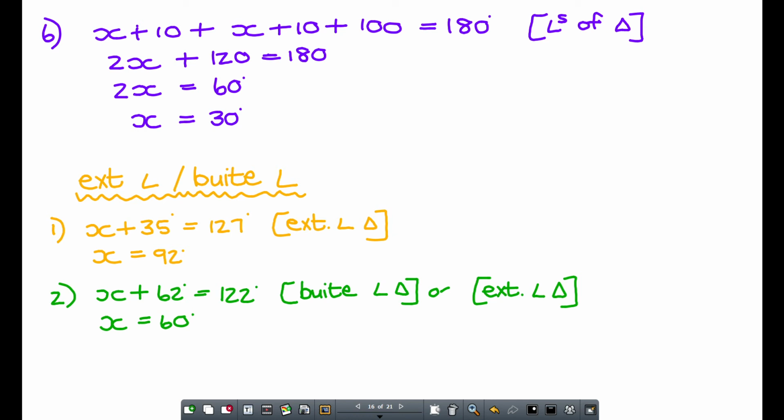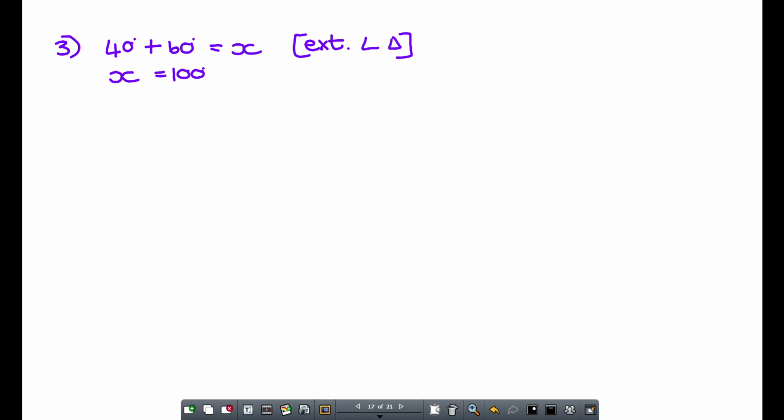Okay, right, can I skip? Right, then number 3. We said the two interior angles, the 40 and the 60, if I add them up, it's going to be equal to that exterior angle of x, which means that that would be 100.